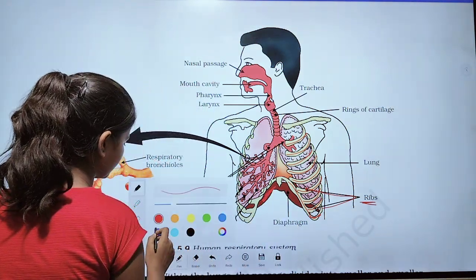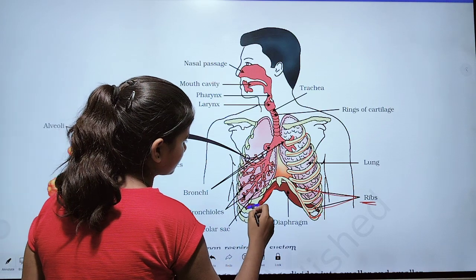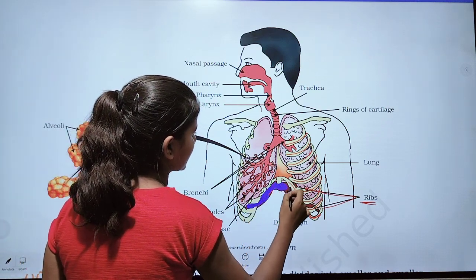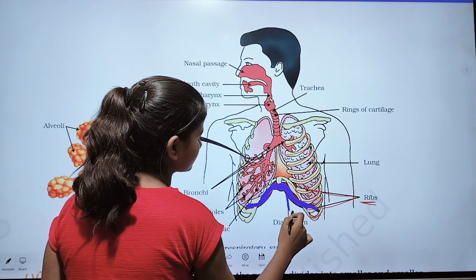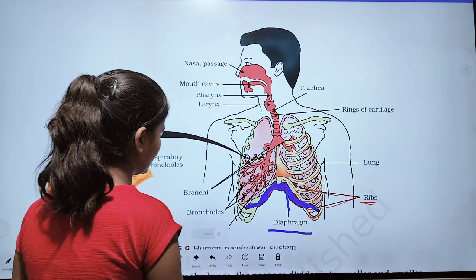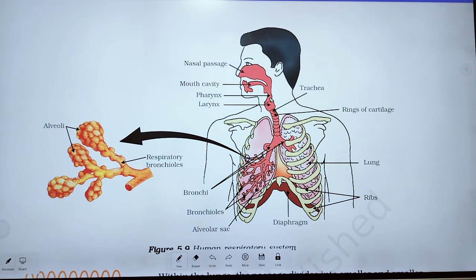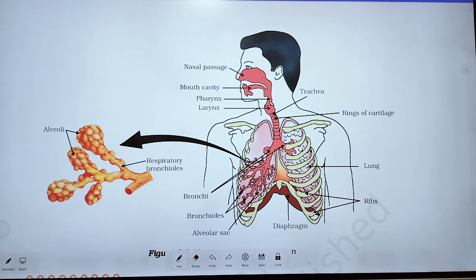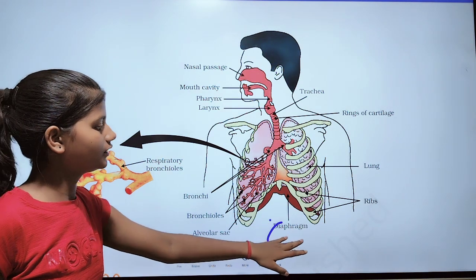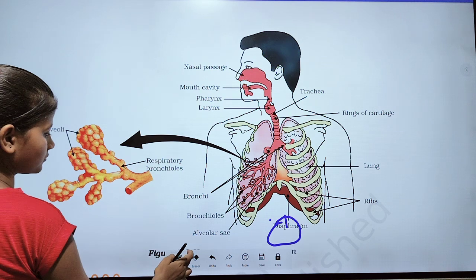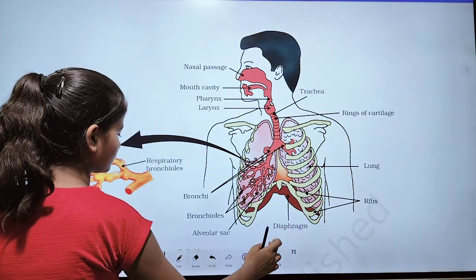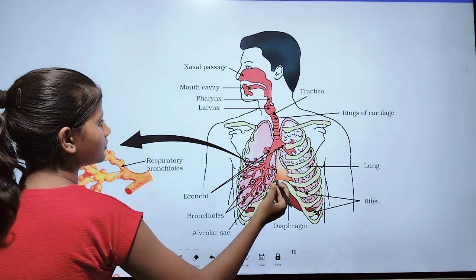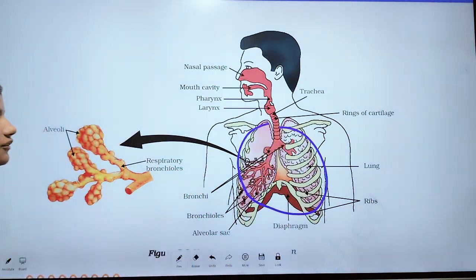This one is known as the diaphragm. Flatten the diaphragm, and also our chest cavity becomes larger when we breathe air.